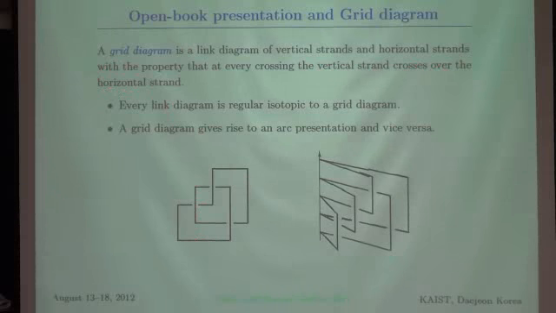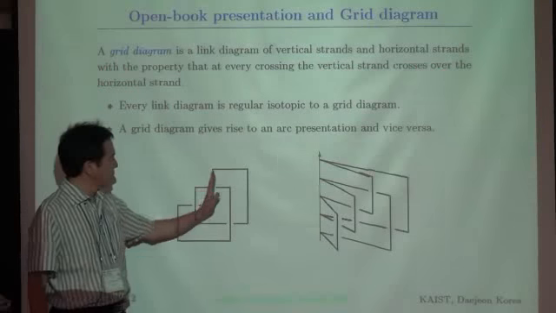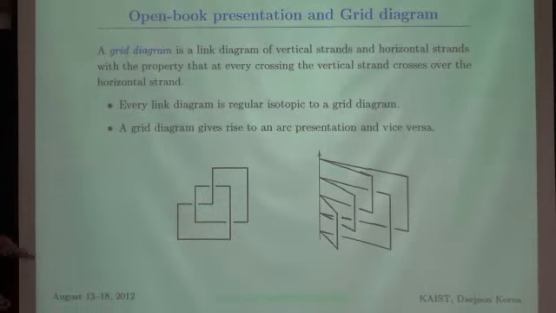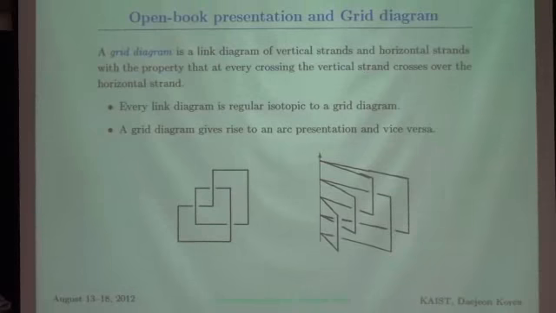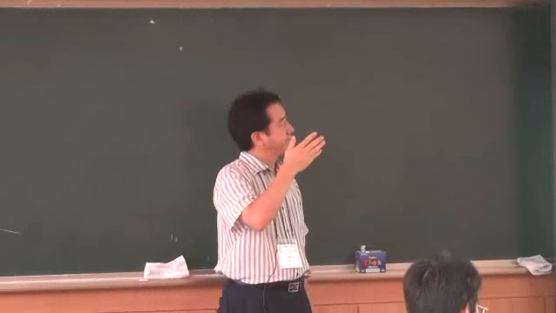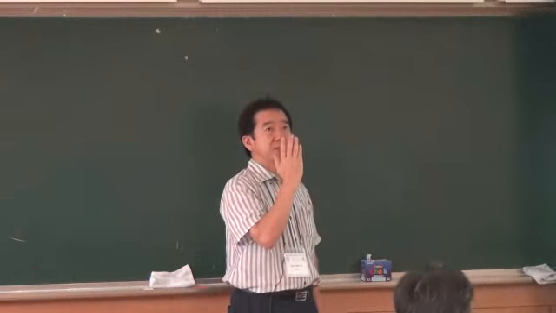Here at these three crossings, the overcrossings are vertical, and the undercrossings are horizontal. Every link diagram is regular isotopic to a grid diagram. If you have a link diagram, you can turn a neighborhood of a crossing so that overcrossings become vertical.